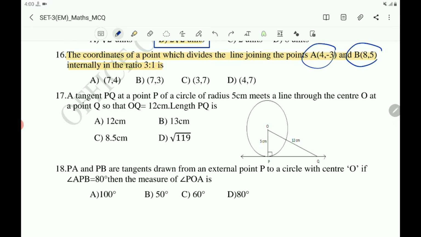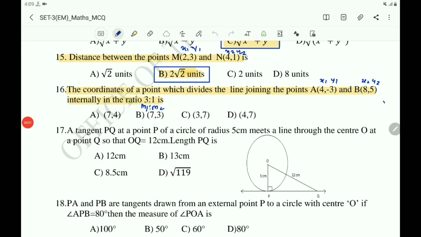So you consider these are x1, y1, x2, y2. The ratio is m1 is to m2. You know the section formula. What is that? (m1 x2 plus m2 x1) by (m1 plus m2) and (m1 y2 plus m2 y1) by (m1 plus m2).